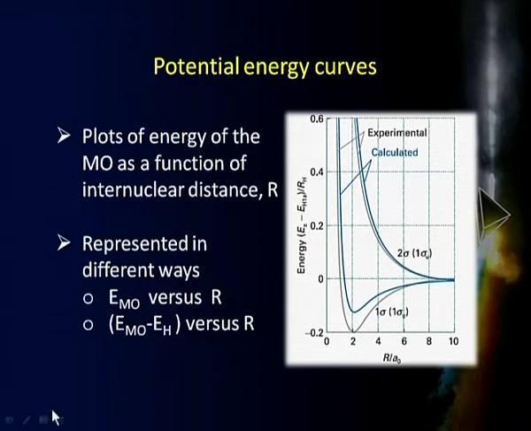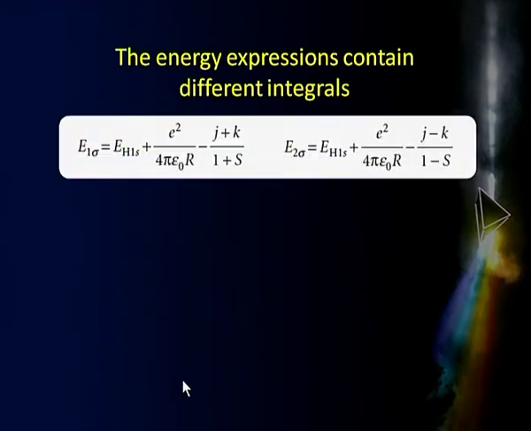In order to understand these potential energy curves, we have to take another look at the energy expressions. The energy expressions for the 1 sigma orbital or the 2 sigma orbital have the following form. We will not bother much about the expressions, but this refers to the energy of the 1s orbital of the hydrogen atom, and r is the internuclear distance.